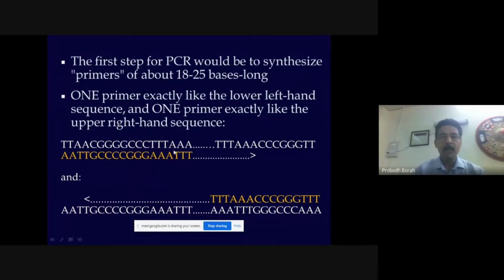Now you can also imagine that suppose you want to have amplification of this dotted portion, our primer need not represent the sequence just upstream of the target sequence for the forward primer. Suppose our primer starts not from T, but after leaving aside 5 nucleotides, from the 6th nucleotide, from A onwards.